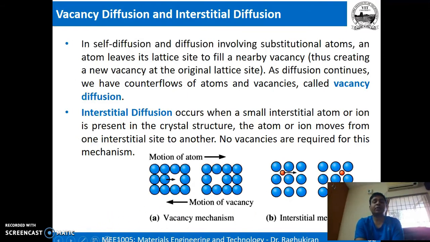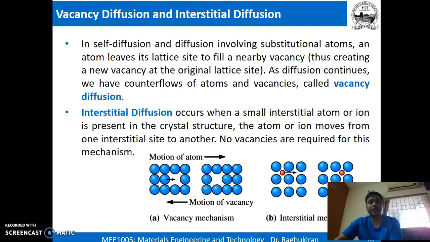Interestingly, for self diffusion you need substitutional atoms, where one atom has to move and occupy the other vacancy position, but this can only happen if there is a vacancy, right? These vacancy defects are limited in number in any material, though there are many.